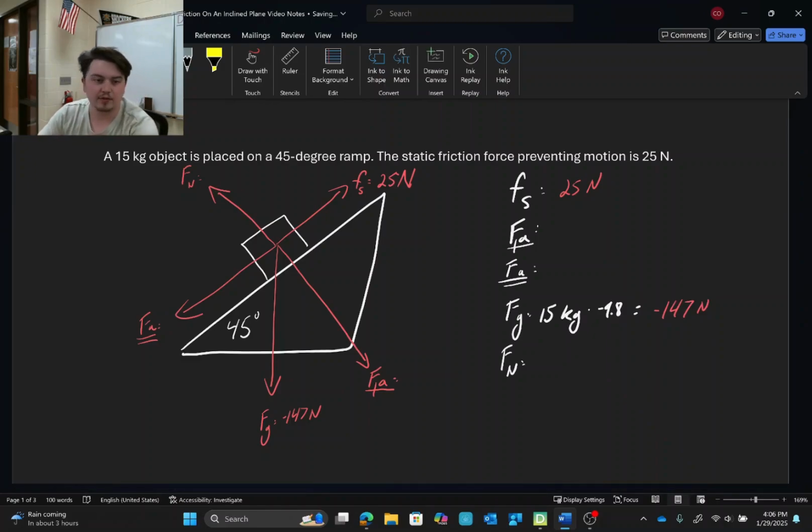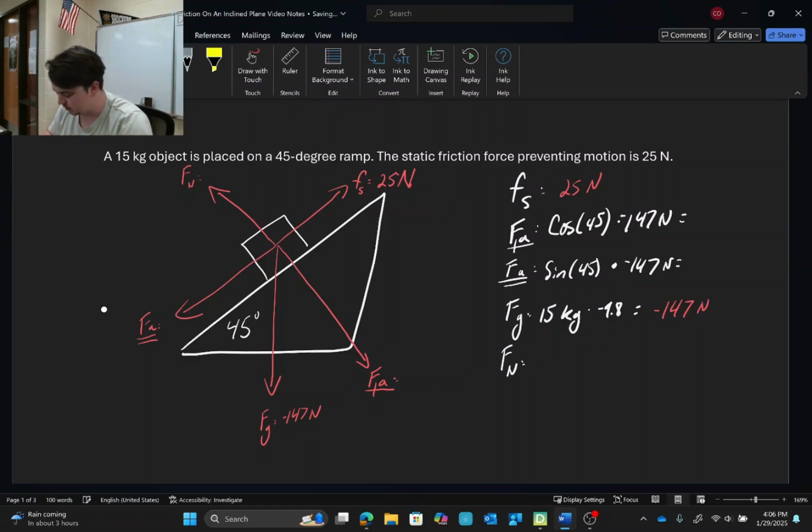All right, so we have found the force of gravity. Now we need to find our applied force parallel and perpendicular. The applied force perpendicular is going to be cosine of 45 times negative 147 newtons, and our applied force parallel is going to be sine of 45 times negative 147 newtons.